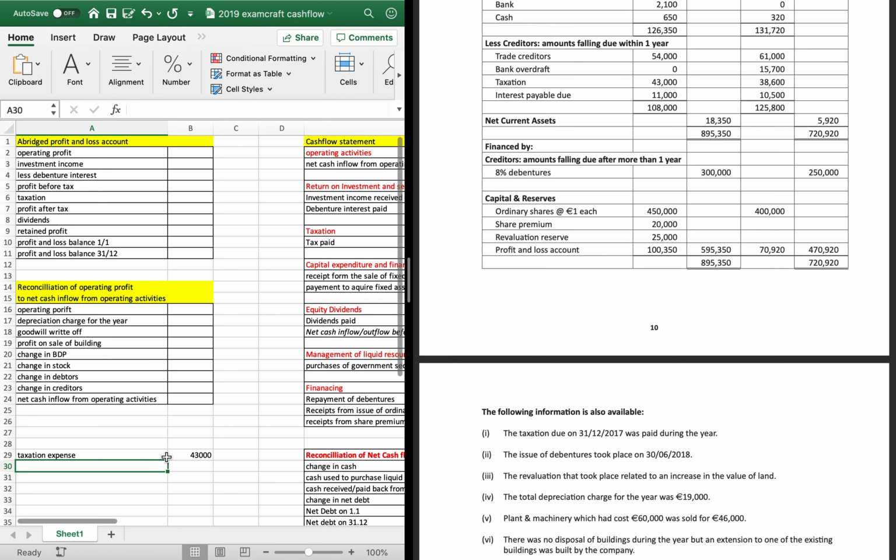Second one, the issue of debentures took place on the 30th of the 6th. Now, debentures is our cue to do our debenture interest. So we look at our debenture interest, and it's telling us the issue of debentures took place on the 30th of the 6th. So we didn't have the extra 50,000 until the 1st of June. So the debentures are 8%. So it's going to be 8% of 250,000 for the first 6 months of the year. So 8% of 250 by 6/12.